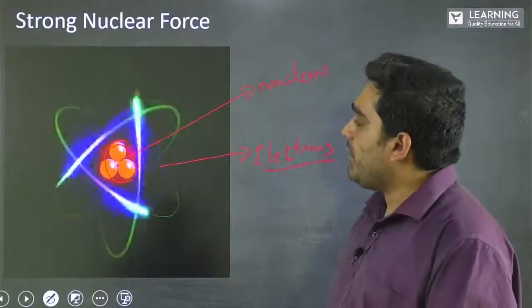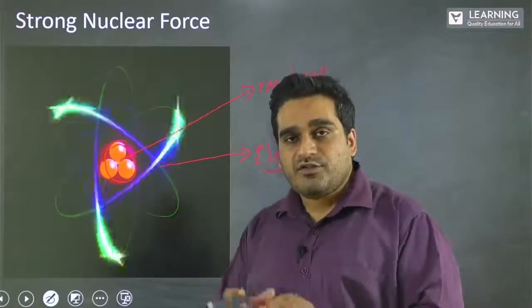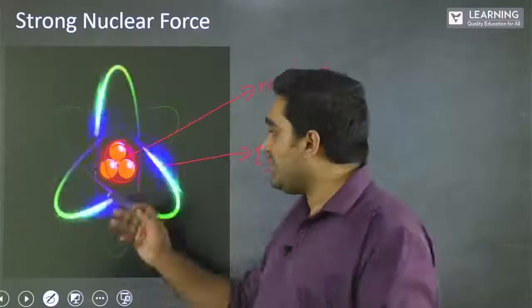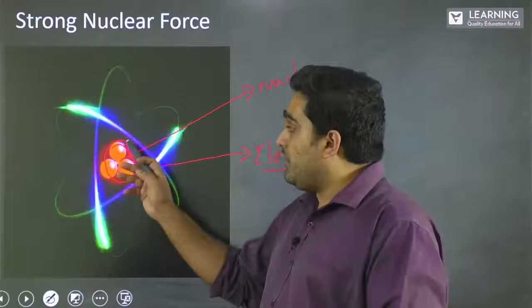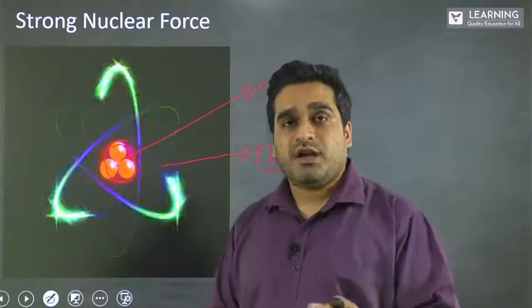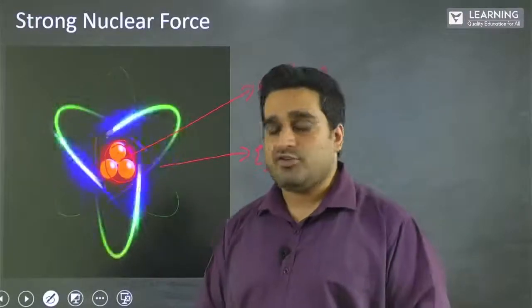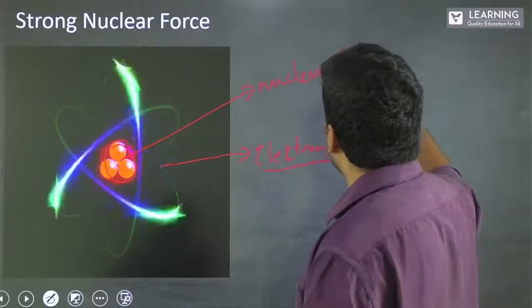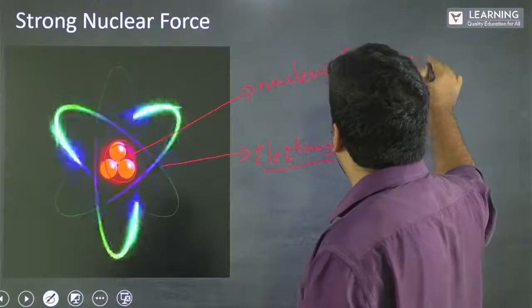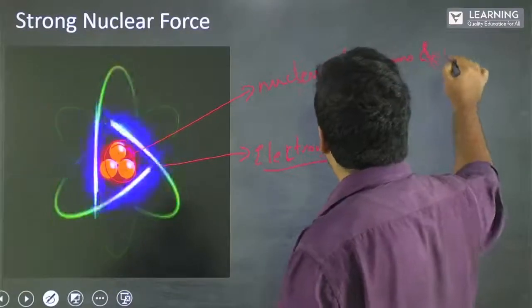Okay. Now the nucleus is composed of nucleons, meaning each individual particle is called a nucleon. Nucleons are of two types, which are protons and neutrons. So inside the nucleus you have neutrons and protons.